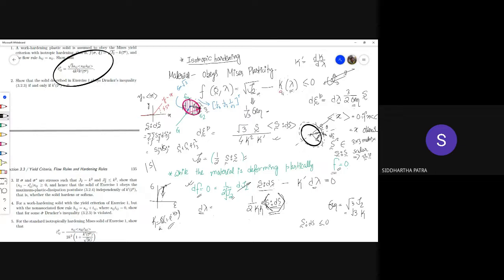You see, k can never reduce with lambda, it can only increase. Because of that, this time you would be unloading, and when you are unloading, you are not having plastic deformation, so f is no longer 0. f now becomes less than 0, and therefore this equation is not valid. This is only valid for plastic deformation.